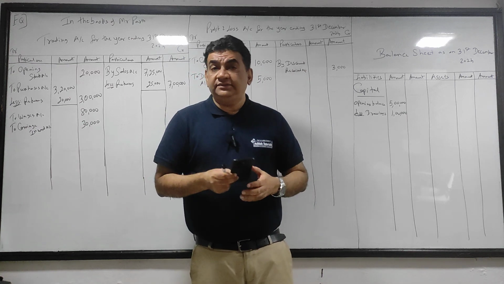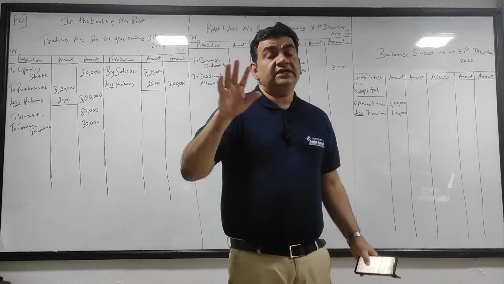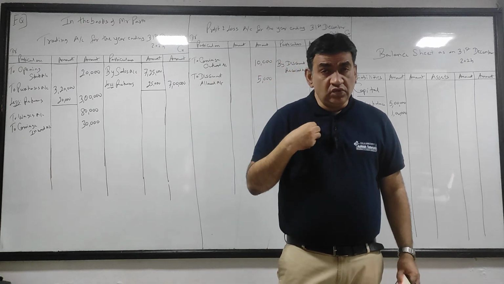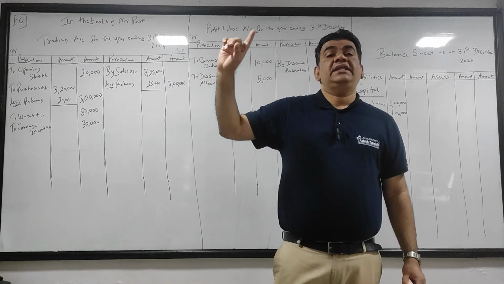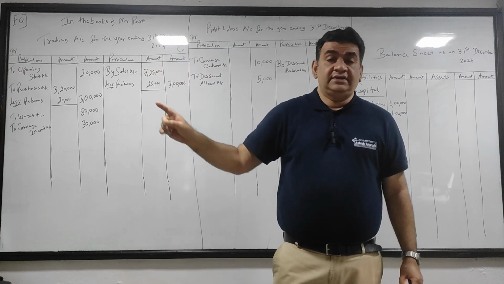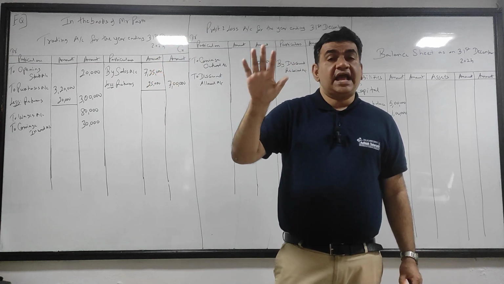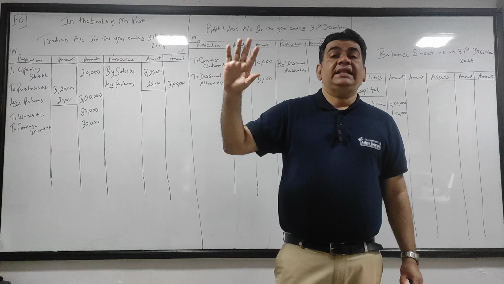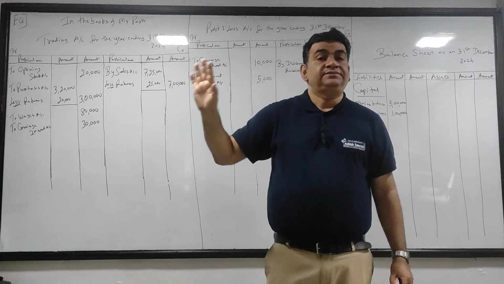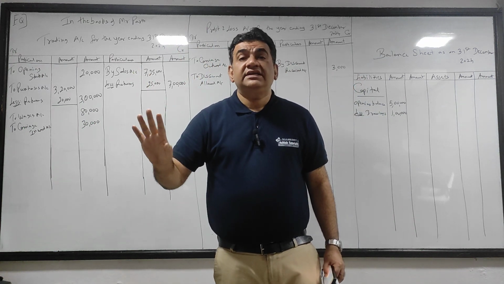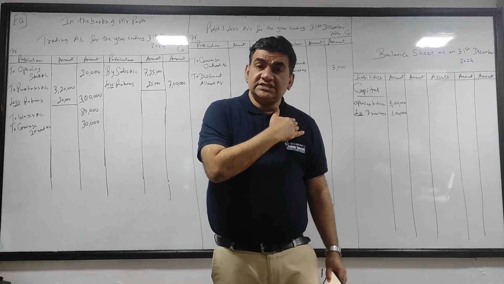What is cash and bank? Cash and bank means the cash balance which you have with you and the balance which is there in the bank. किसकी प्रॉपर्टी है? किसका पैसा है? बिजनेस का.